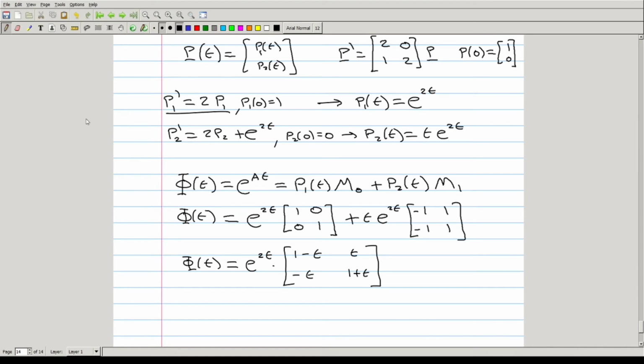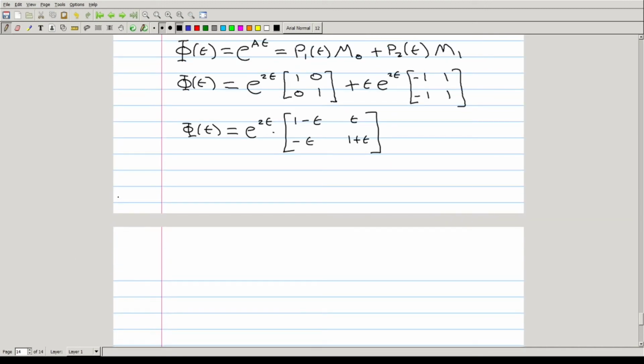And from the general variation of constants formula, then we can go through and get the general solution. Xi of t will be equal to this matrix phi of t multiplied by the inverse matrix at t naught times whatever the initial condition is, xi naught.